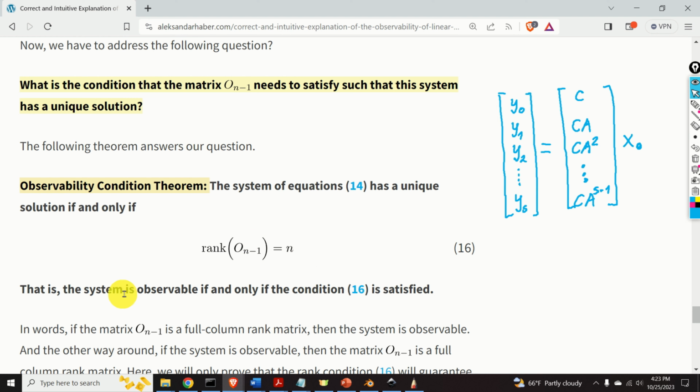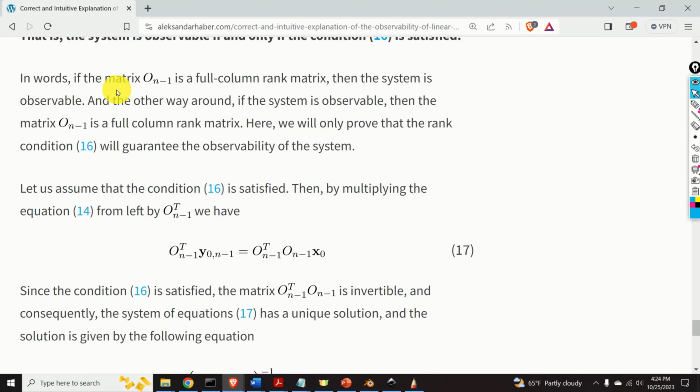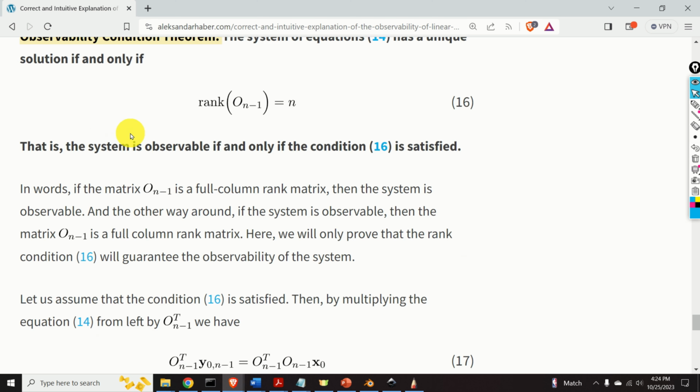That is, the system is observable if and only if this rank condition is satisfied. In other words, if the matrix O_{n-1} is a full column rank matrix, then the system is observable. And the other way around, if the system is observable, then the matrix O_{n-1} is a full column rank matrix.